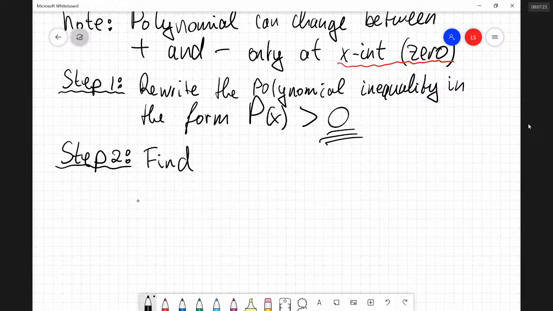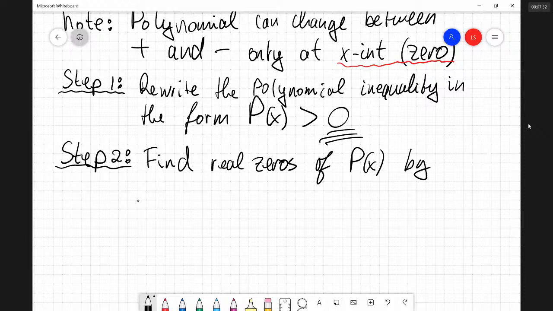So we will say find real zeros of P of X by solving the equation P of X equals 0. That's how we find X-intercepts, which is synonymous with real zeros. So that'll be our second step, find those boundaries where we might cross. We don't have to cross, but we might cross between positive and negative values.